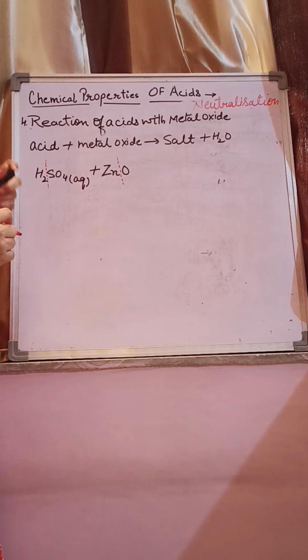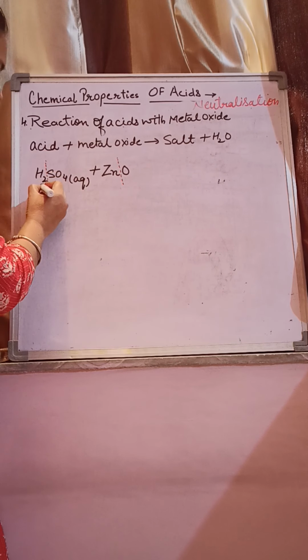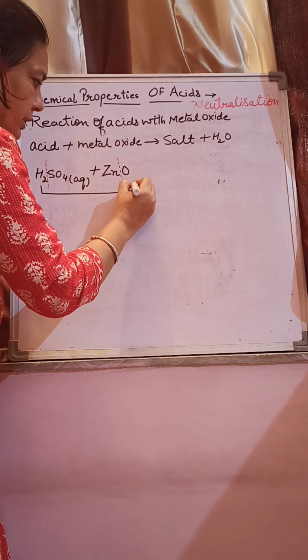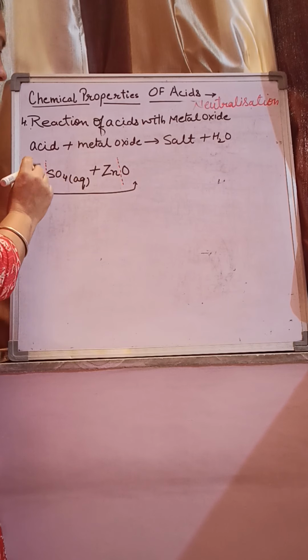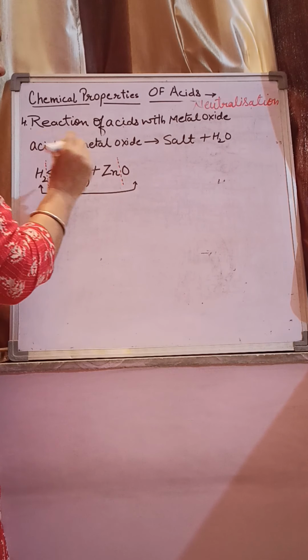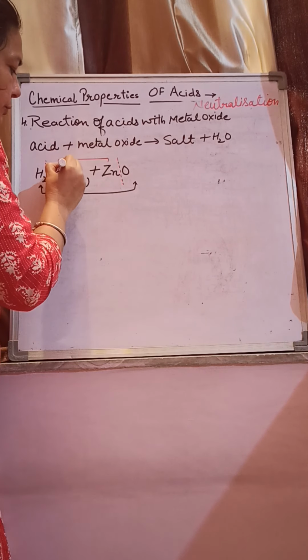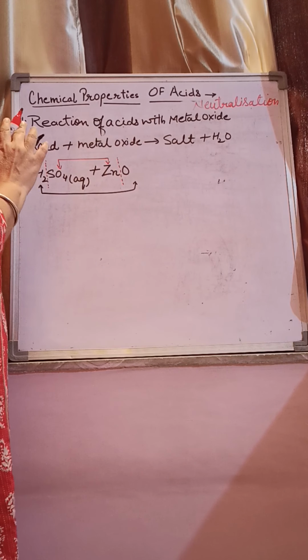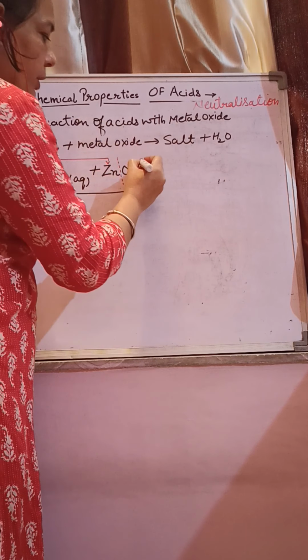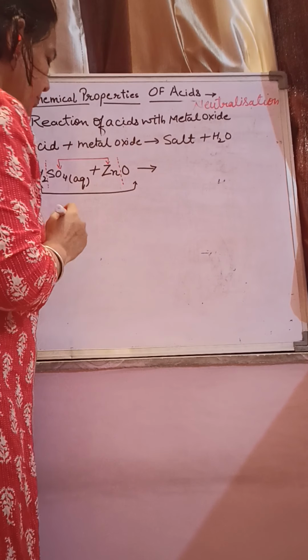Similarly, the metal oxide into two parts. Just add hydrogen with the second part, meaning oxygen, and the metal with the negative part of the acid.